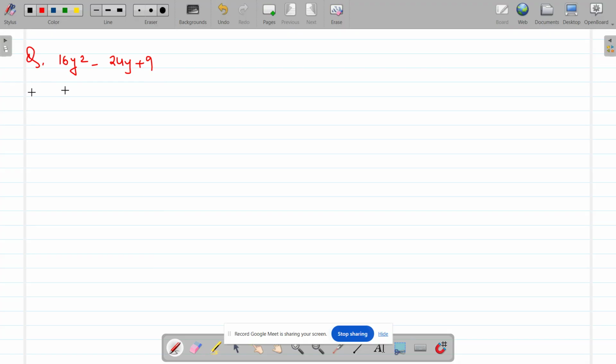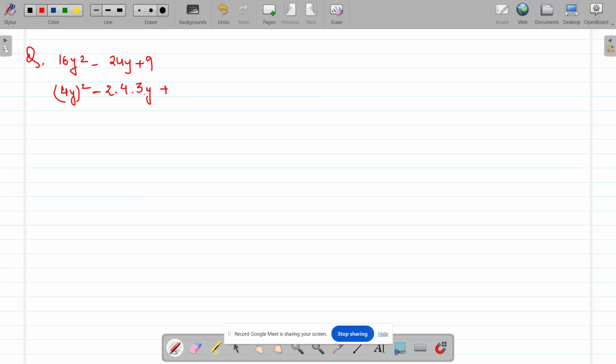So how will we solve this? 16 we can write as (4y) whole squared, right? And minus 24y, we can write as 2 into 4 into 3 into y, since 2 times 4 is 8 and 8 into 3 is 24, right?